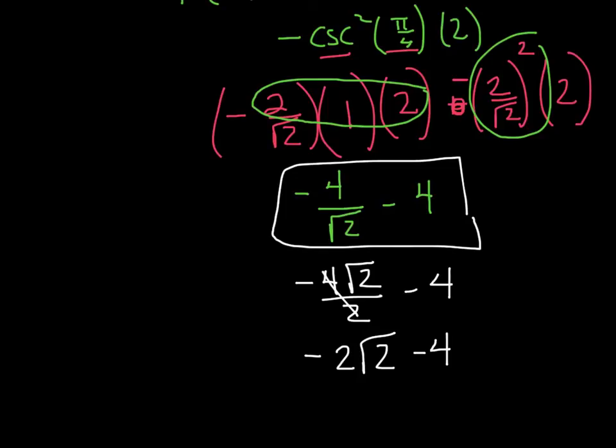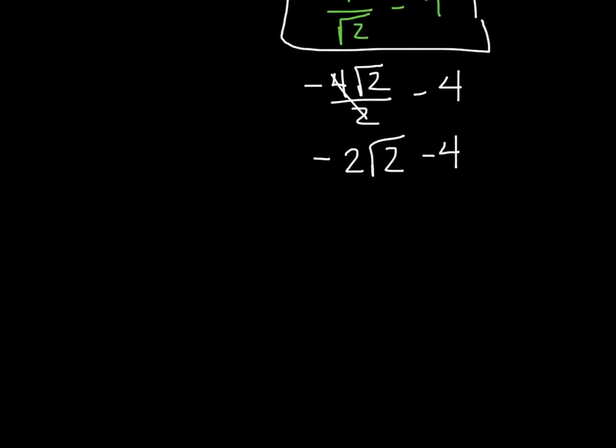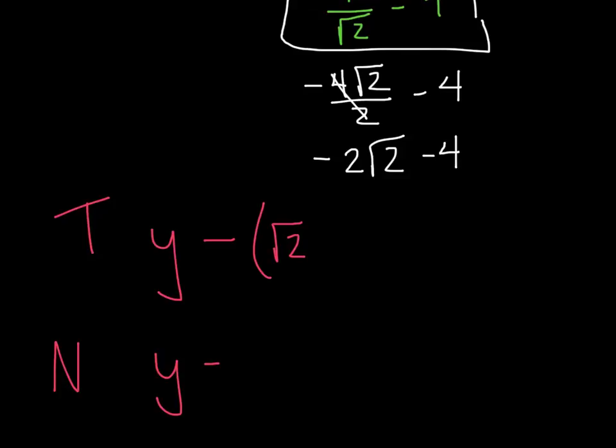Now, I'll just throw all of that in the equation of my tangent line and my normal line. And remember, the only thing that's changing in the tangent line and the normal line would be my slope. My y value, shucks, I forgot what it was. I think it was radical 2 plus 1. And notice I'm putting that in parentheses. Otherwise I have to distribute that negative.